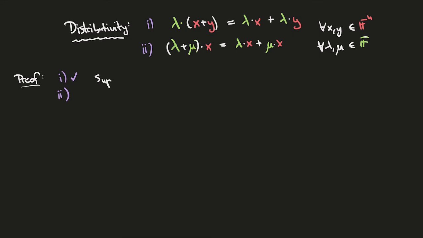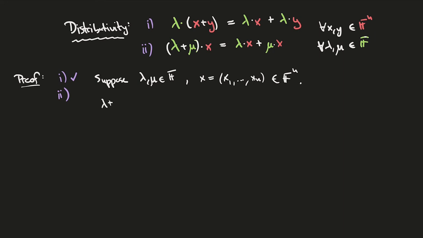So we suppose that lambda and mu are elements in our field F, and that x equals x1 up through xn is an element of Fn.